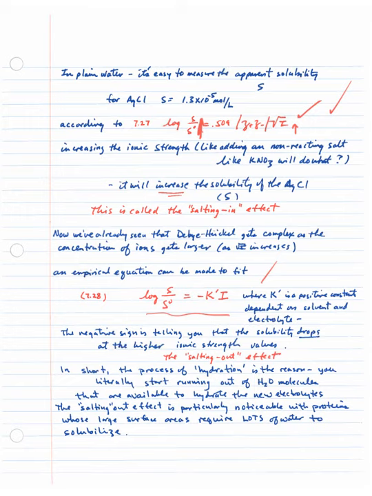It's a positive constant that's dependent on solvent and the electrolyte. So you might remember that there's sort of an upward deviation from the straight line. It's this empirical term which will do that for you. The negative sign of this high ionic strength contribution is telling you that solubility is dropping at higher ionic strength.